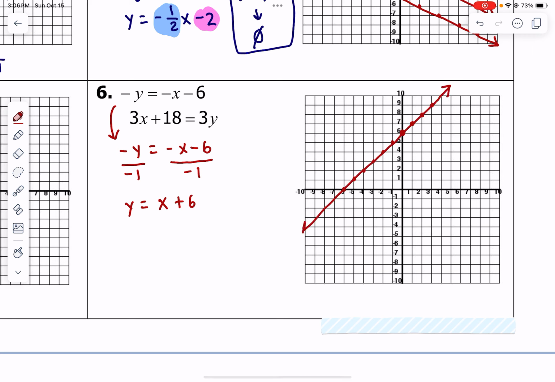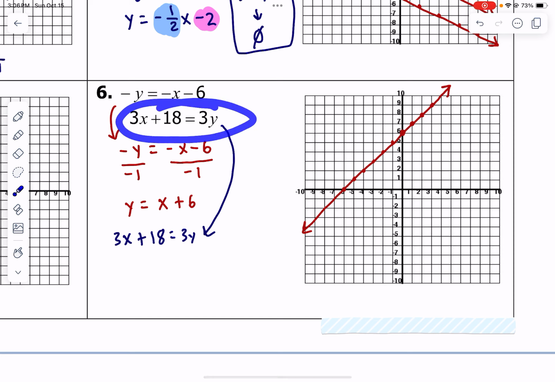And then for that other line they give us, notice here that they put the y on the right-hand side. What I think would be really helpful is to reorient this equation to have this on the left side and this on the right side.